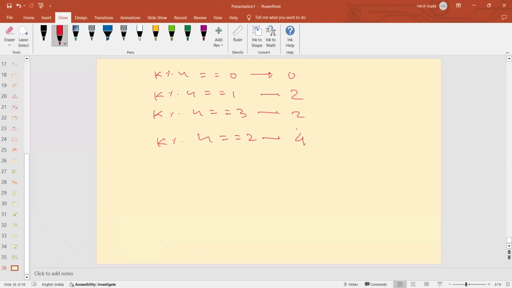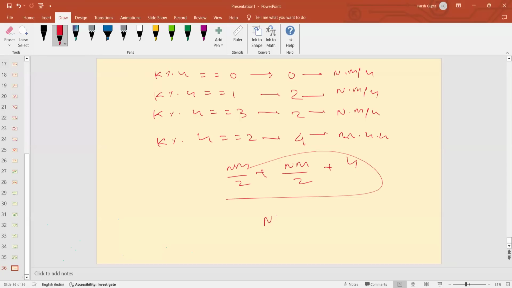There are only two cases when the ugliness value was 2, isn't it? So this occurs n cross m by 4 times, this again occurs n cross m by 4 times, and so on for each case. So if you simply add, nm by 4 multiplied by 2 is nm by 2, plus nm by 4 multiplied by 2 is nm by 2, plus 4. So it's actually nm plus 4.